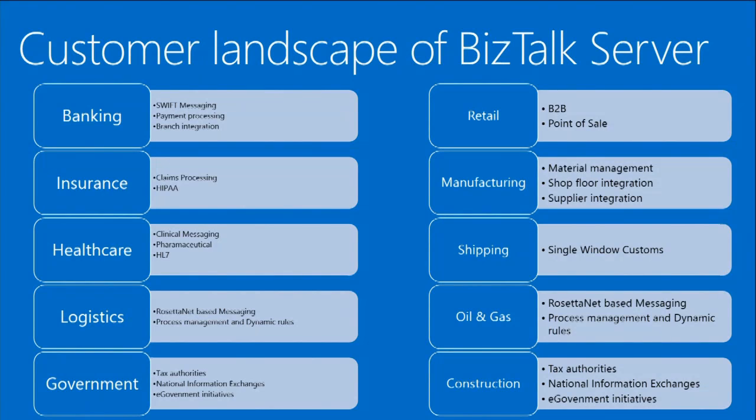And the government is one area where, at least in the past 3 years, I've seen a lot of adoption going on with many of these e-government initiatives. Because at the end of the day, if you look at the government departments, it's a pretty well-defined schema. Like let's say NIEM is one of these standards that is very widely used in the US, the National Information Exchange Model.